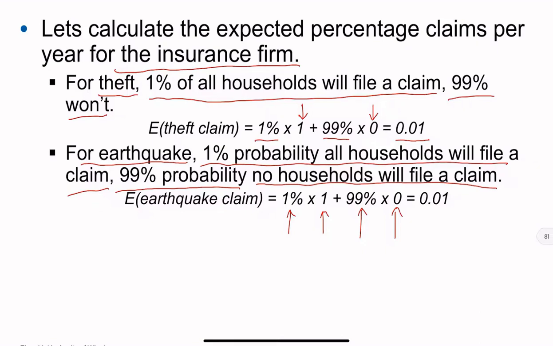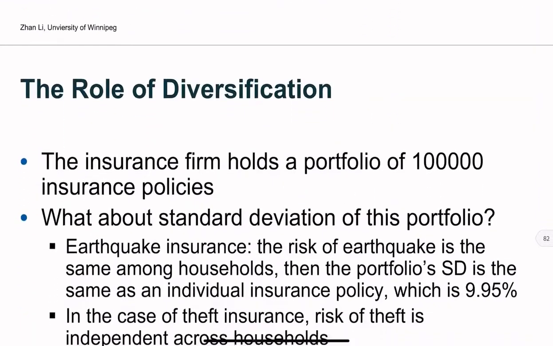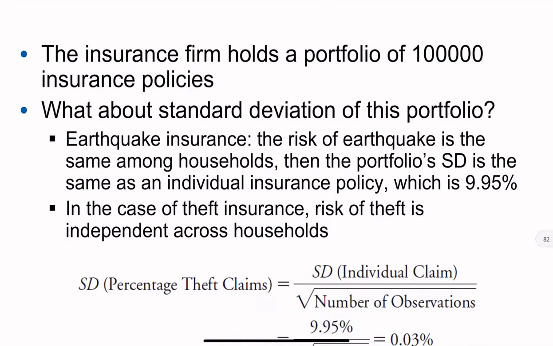We also need to think about the standard deviation, right? Because the insurance firm has a portfolio of insurances. So the insurance firm wants to understand what are the risks of these two different types of insurance policies, right? So this leads us to do the calculation of standard deviation.